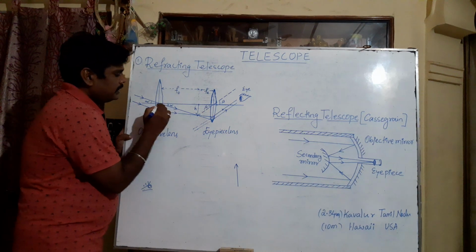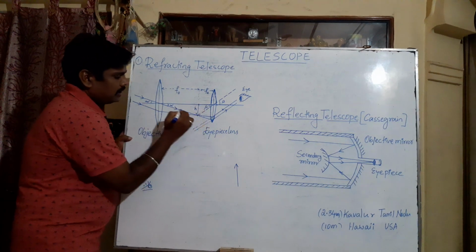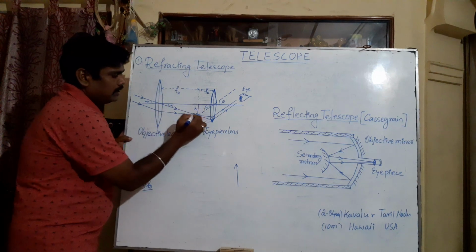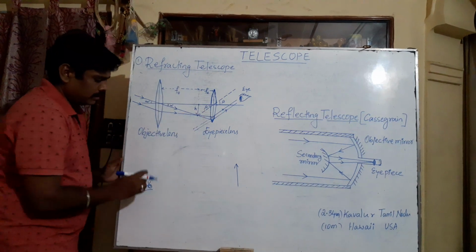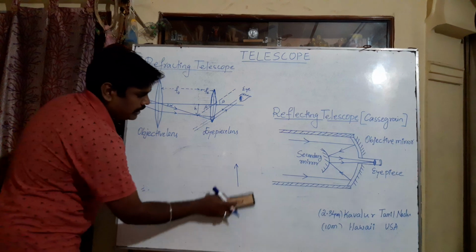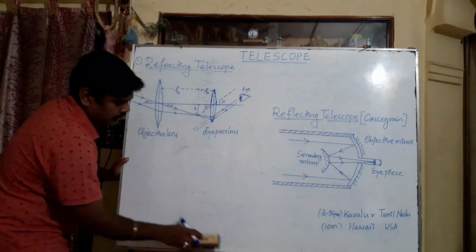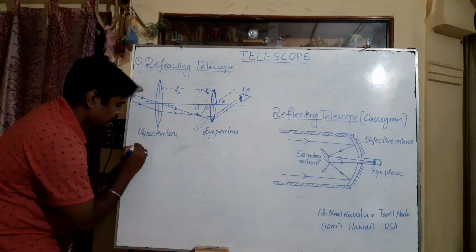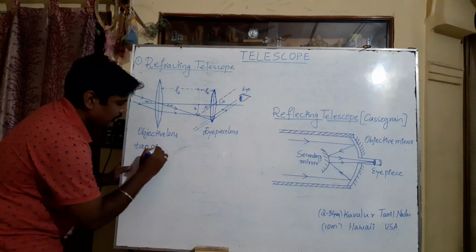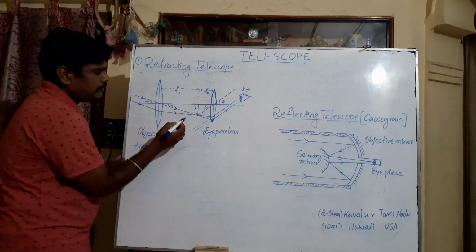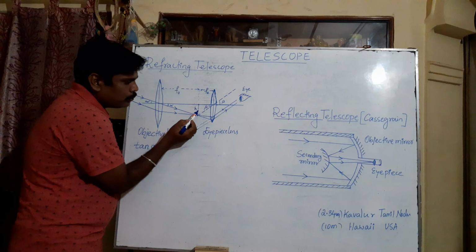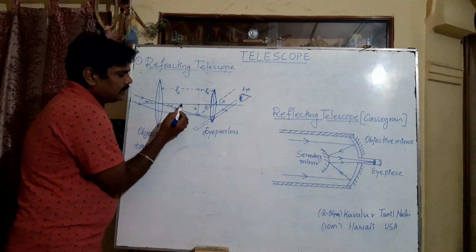For this alpha, we are observing a right angle triangle, so we can apply a trigonometric function. Apply tan alpha. The definition of the tan function says that it is the opposite side divided by the adjacent side.